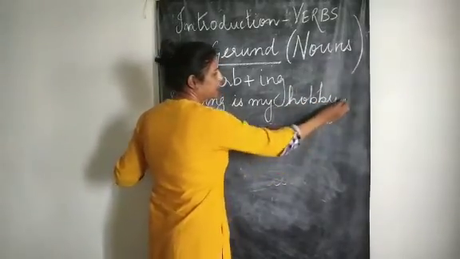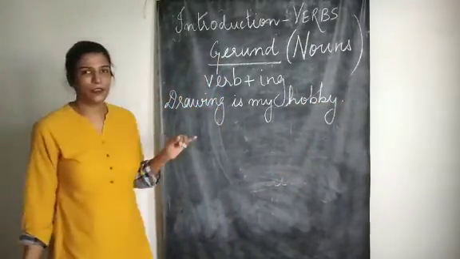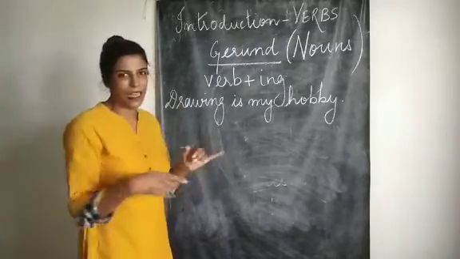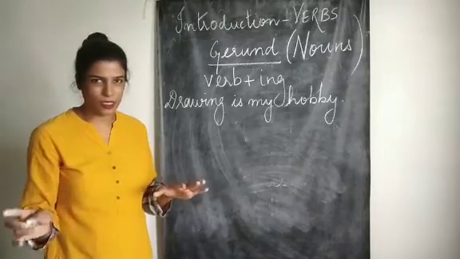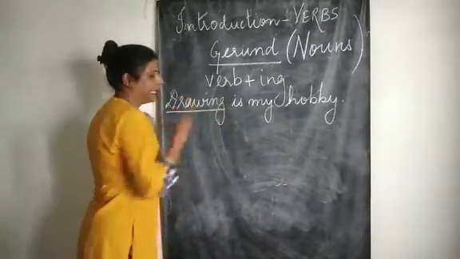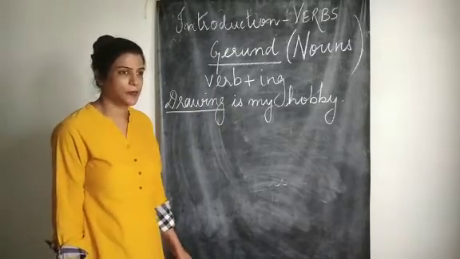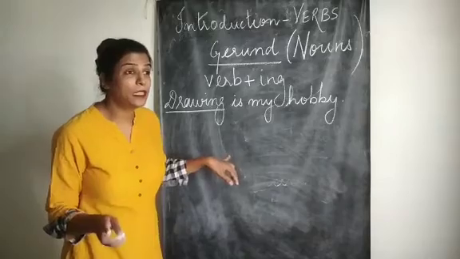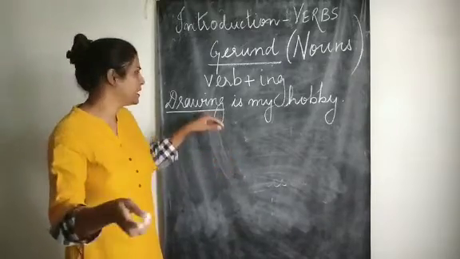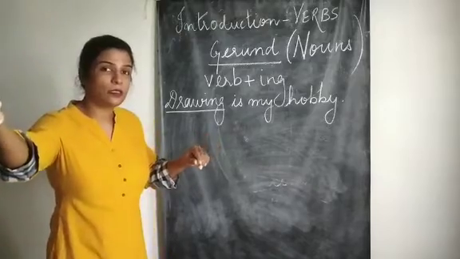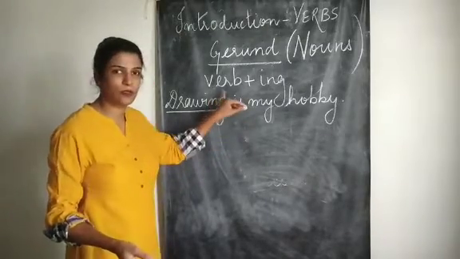Because it's a non-finite verb, the action will not take place, nor will the word have any is, was, were in front of it. But we have used verb plus ing over here. If this were a participle, it would have a noun attached to it, like I said earlier, dancing dolls. I don't have any other word attached to it over here.